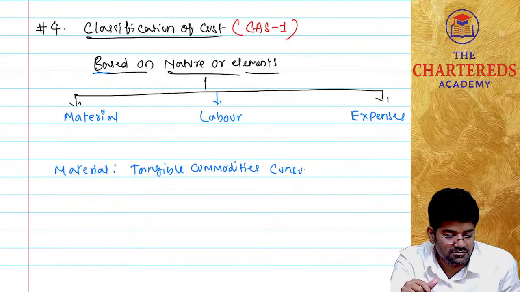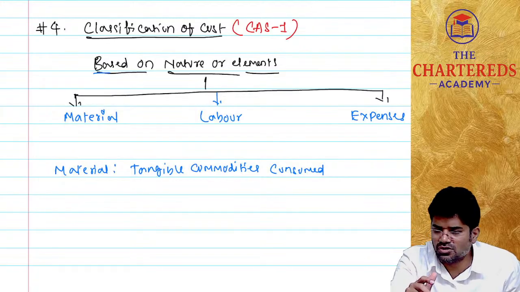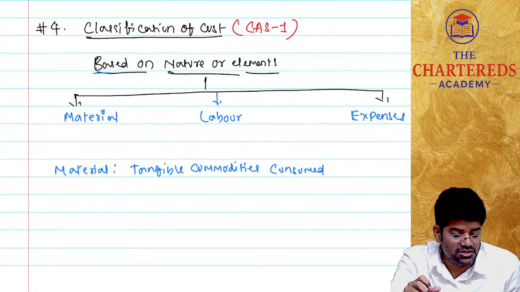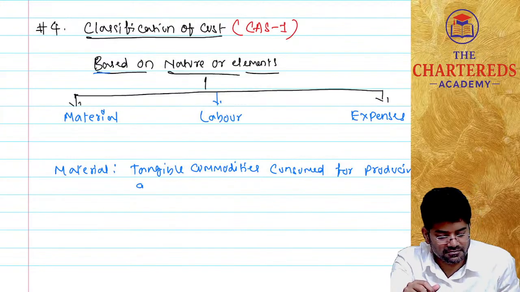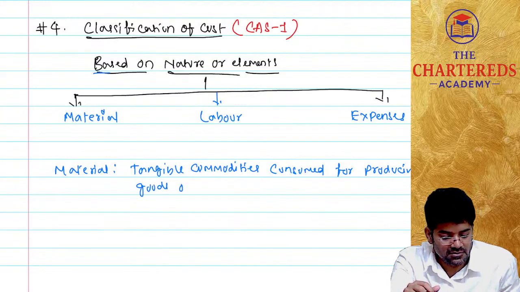Tangible commodities or goods also you can use, consumed for manufacturing of goods or producing of goods, or rendering services.